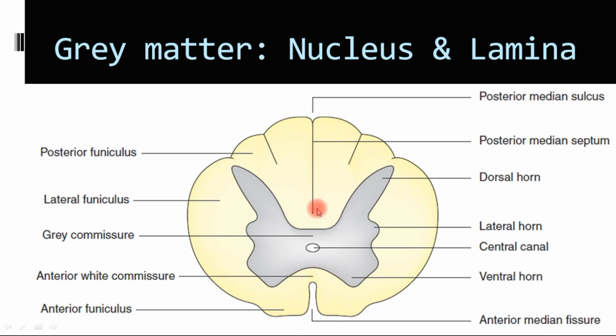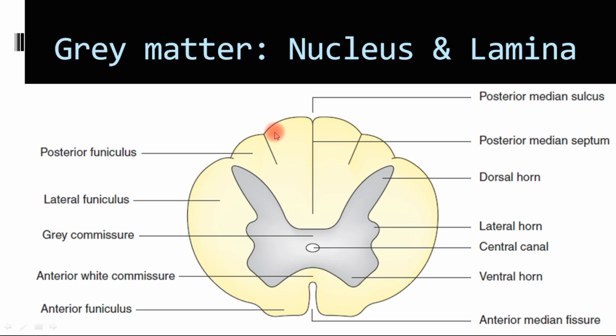It is divided into left and right with the help of the anterior median fissure, as you can see, and the posterior median sulcus and posterior median septum. This left part and right part are further divided into gray matter and white matter. So let us see a single half.